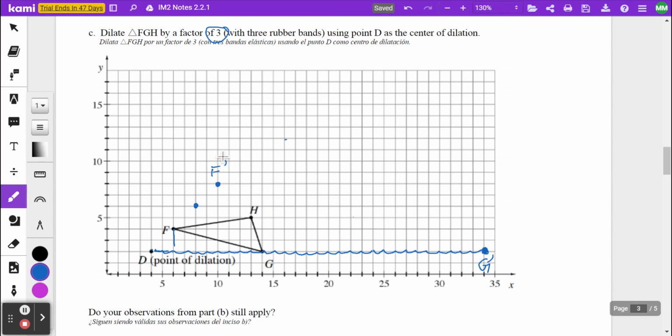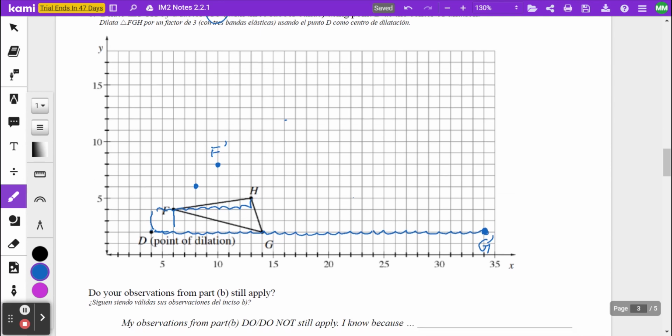And now for H. Okay, so H is up 2 from D and then over 1, 2, 3, 4, 5, 6, 7, 8, 9. So, and sorry, it's actually up 3. So up 3 over 9.